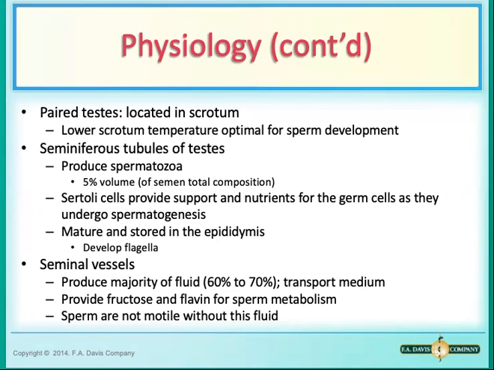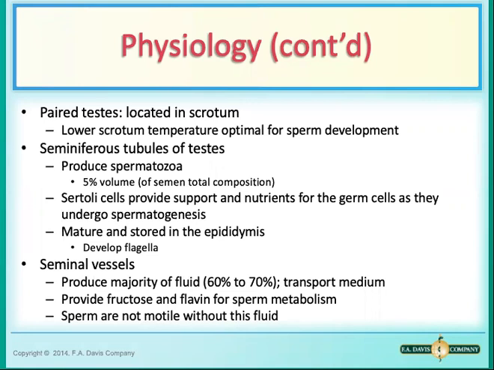So these seminiferous tubules are there for the secretion of sperm. The Sertoli cells provide support and nutrients for the germ cells as they undergo spermatogenesis. And the sperm mature and are stored in the epididymis, and that's where they develop the flagella.